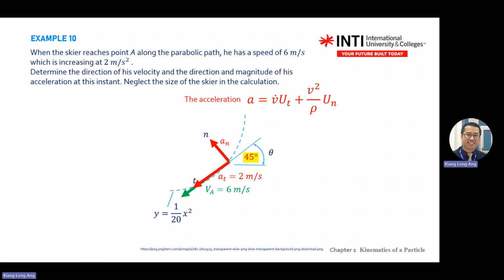Again, go to the diagram and draw the two arrows, one for velocity, one for acceleration. You can overlap, but remember to label the acceleration. So AT equal to 2. Why is it 2? We tell you already. AT is along the tangent.